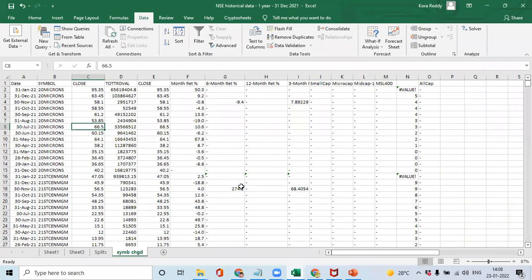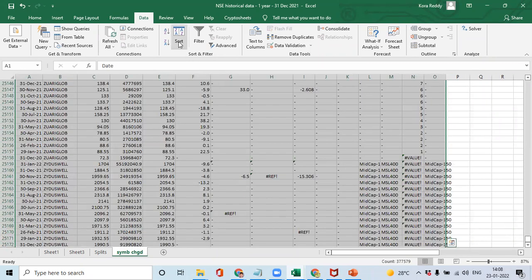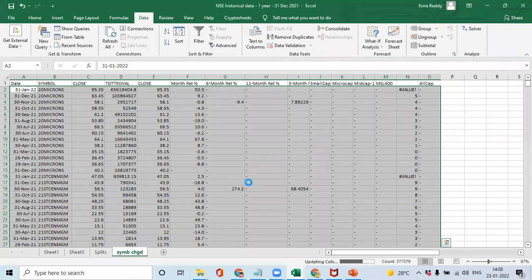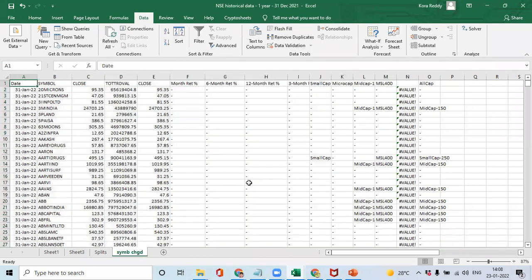Now I want only 12 months. Right now I have one extra month, so I have to delete that. How do I delete that? Again, sort. I will do it the other way. All the dates in one go, let the newest be on top, oldest at the bottom, and let all the symbols be in A to Z fashion. So if I do this, what am I getting? This month's dates and all the stocks.